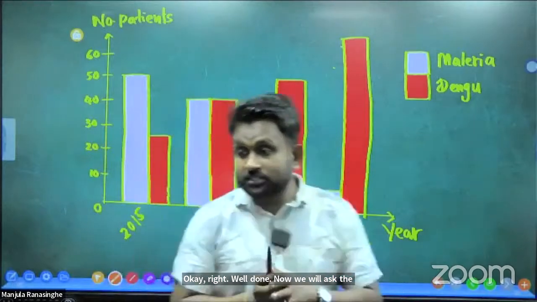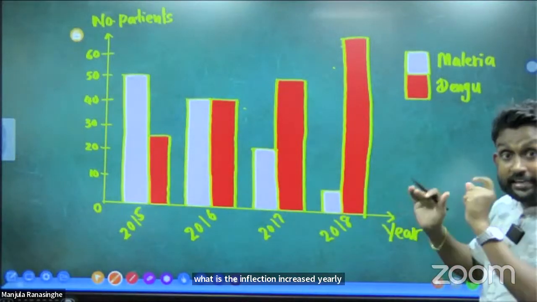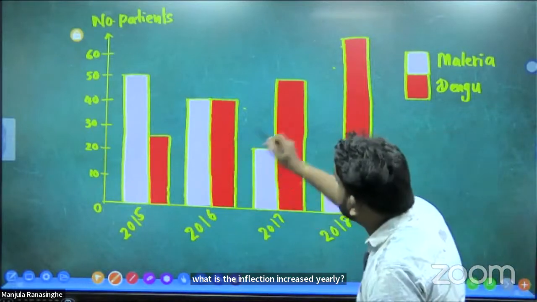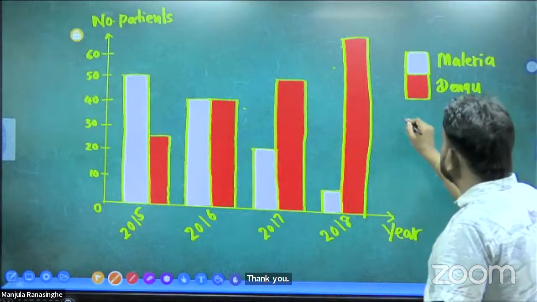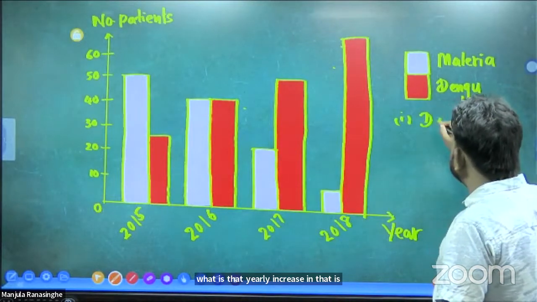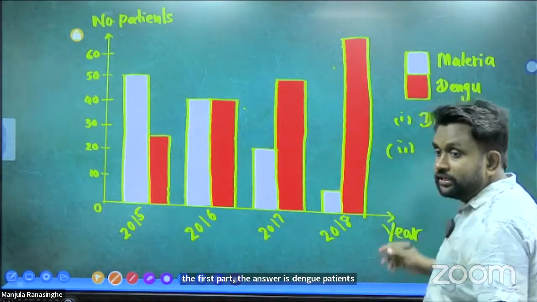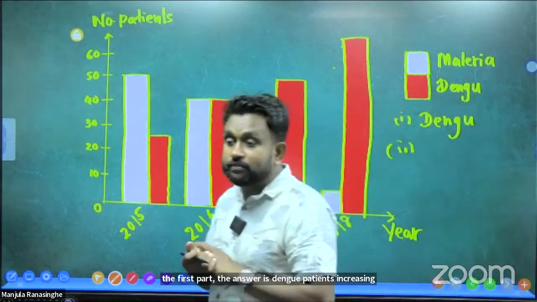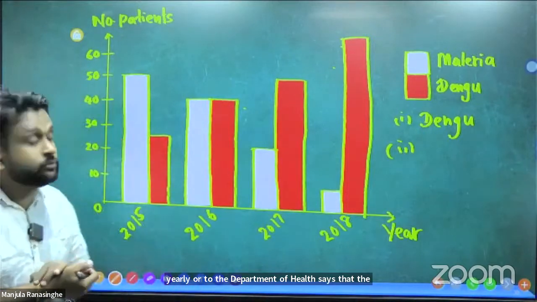Which infection increased yearly? The rate is increasing yearly, that is dengue. So the answer to the first part is dengue patients increasing yearly. Part two: the Department of Health says that malaria is managed moderately successfully. Do you agree with it, and why? Yes.